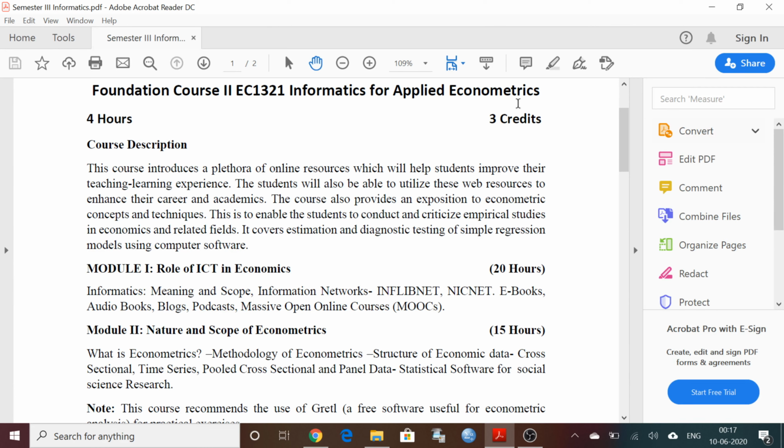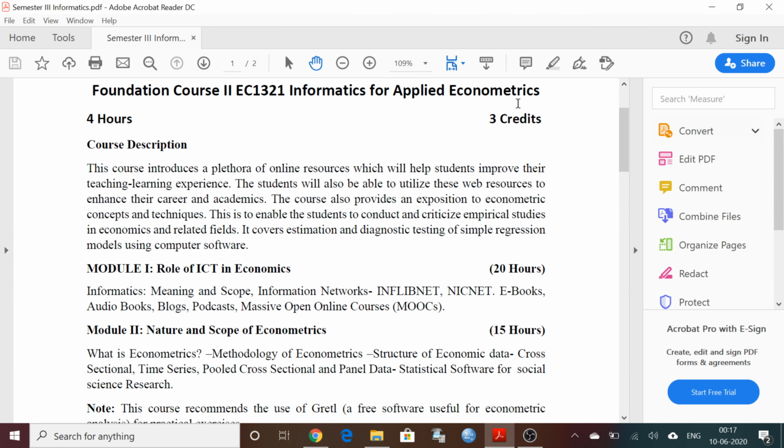That also you are going to study, and certain statistical concepts are also included in the subject. So all these are essential for your research. Actually this subject equips you to do knowledge creation in your future. For that you are using informatics, econometric concepts, statistical concepts and all, right?